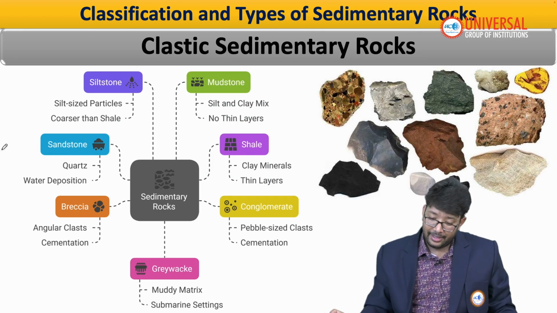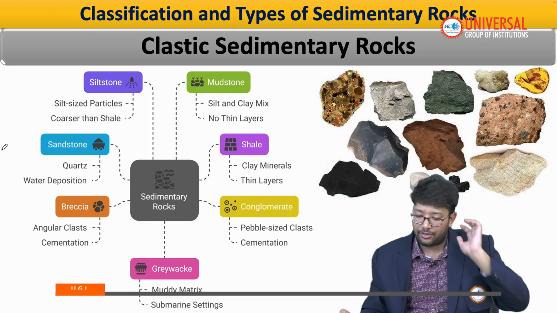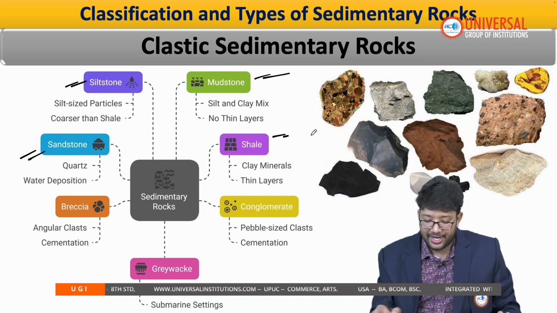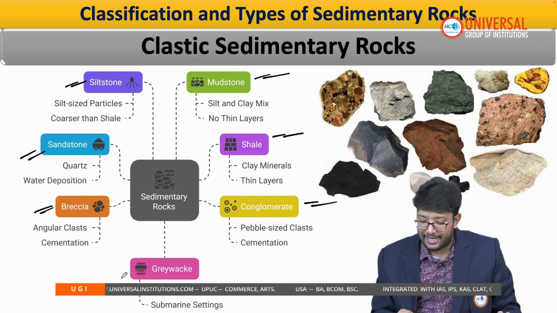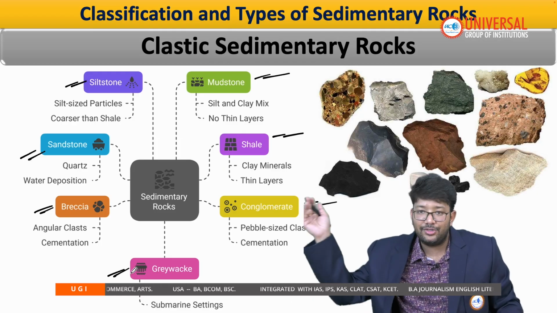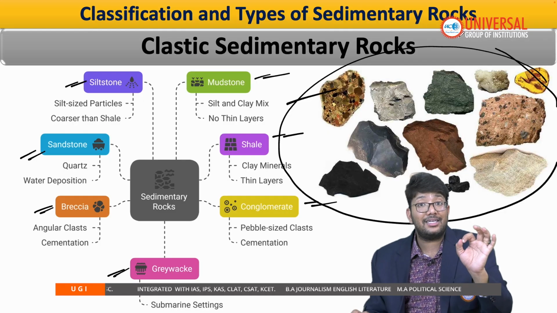Okay. If we talk about some examples of clastic sedimentary rocks, siltstone, mudstone, sandstone, shale, breccia, conglomerate, and gravel are examples of clastic sedimentary rocks. As you can see on the right side also, all these are examples of clastic sedimentary rock.